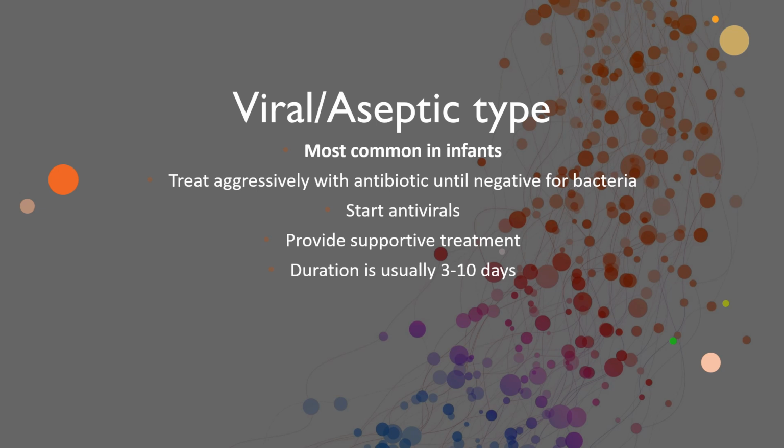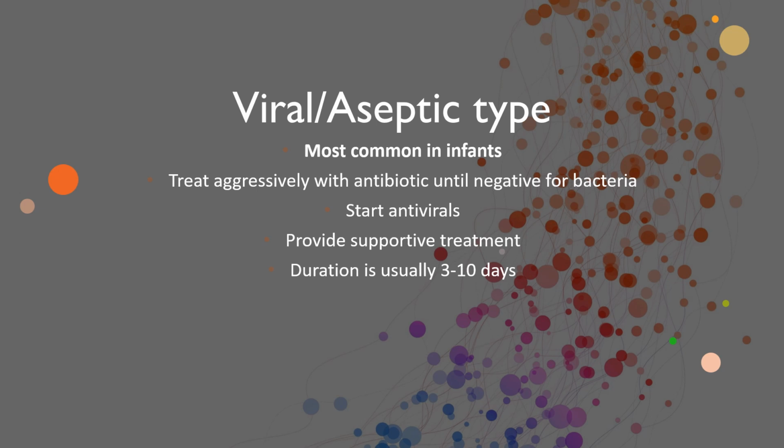We're going to try to give them good nutrition and monitor any increased intracranial pressure just like we would do with bacterial meningitis. I do want you guys to think about what you would expect to see in the lumbar punctures for either of these types.